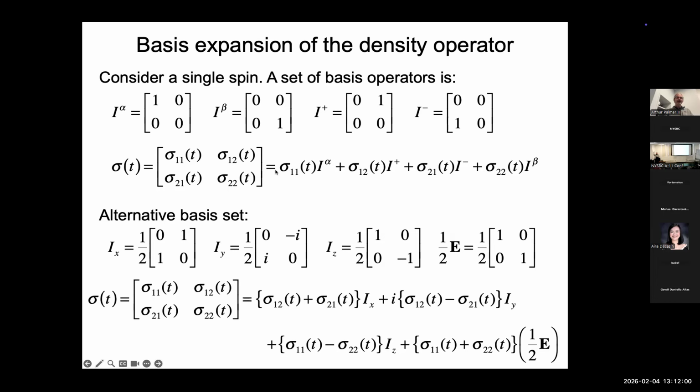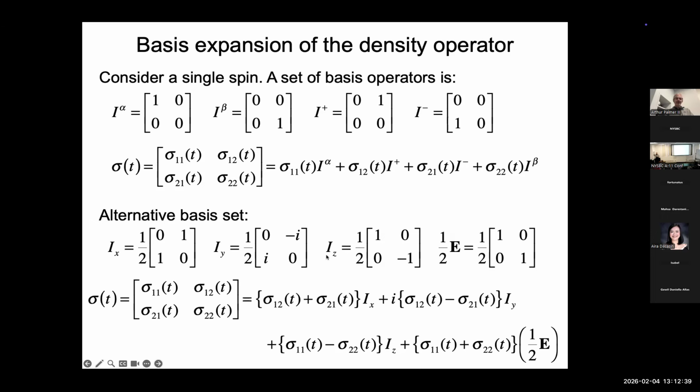But I could write this as a linear combination of sigma 1 times I alpha, that just gives me a sigma 1 here, plus sigma 1 times I plus, that gives me sigma 1 in this position, sigma 2 times I minus, that gives me a sigma 2 here, and then sigma 2 times I beta, giving me this position. So that's rather trivial. Each of these basis operators just gives me back one element in the overall matrix.